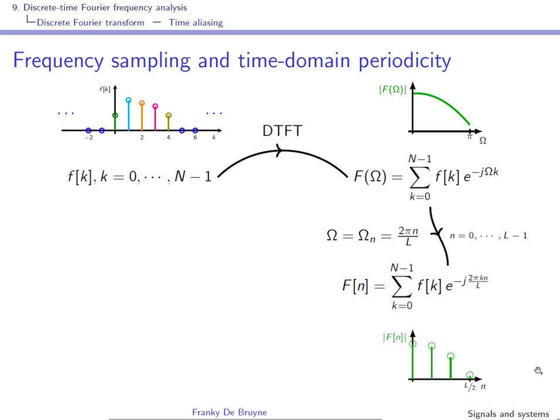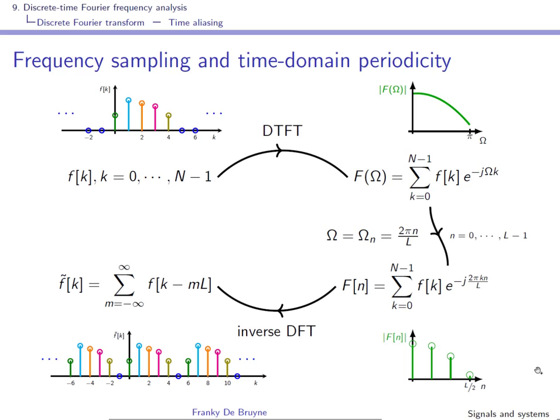The influence of that is that if you would take the inverse DFT, what would result is a time signal f tilde that is the repetition of the original signal f of k.